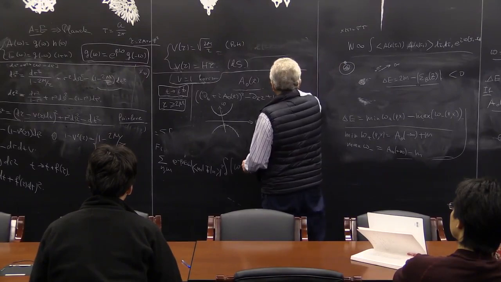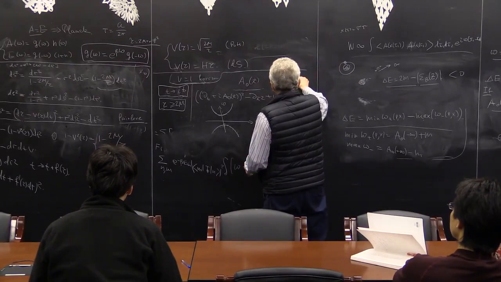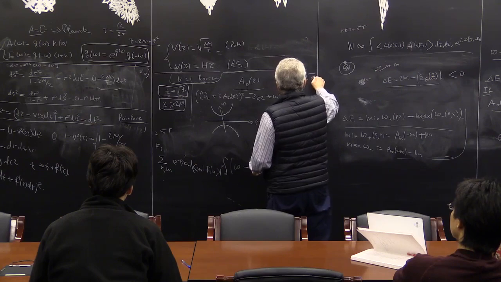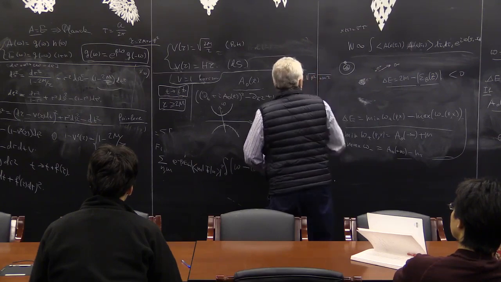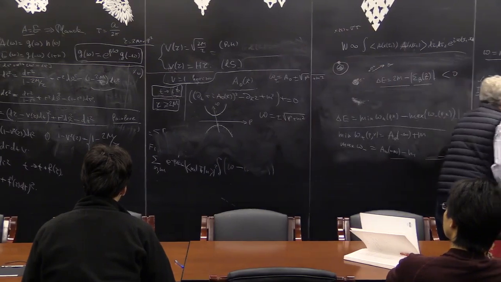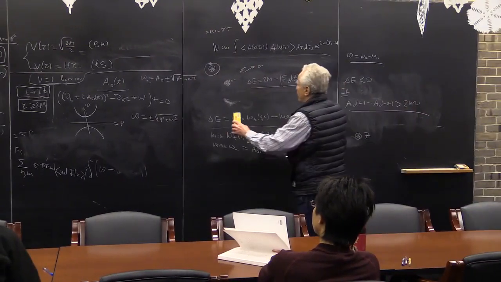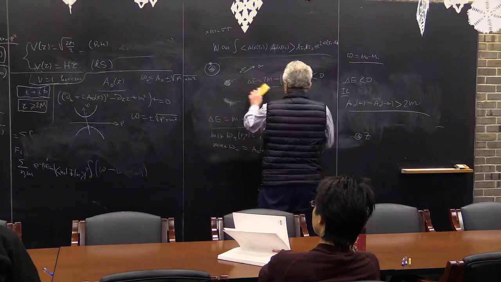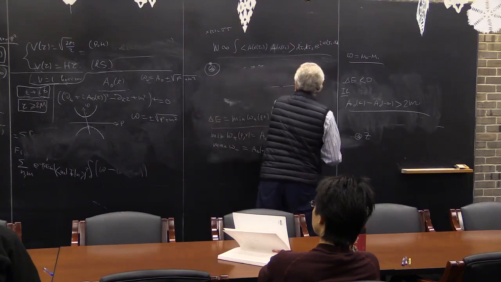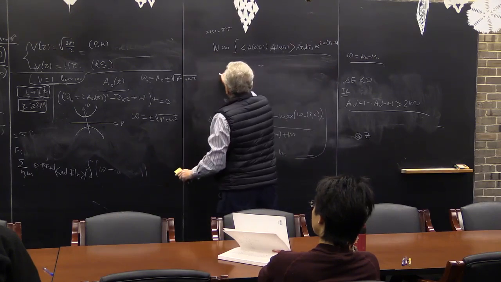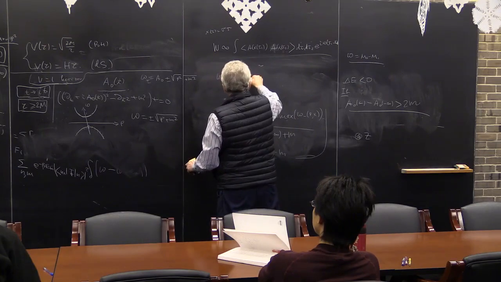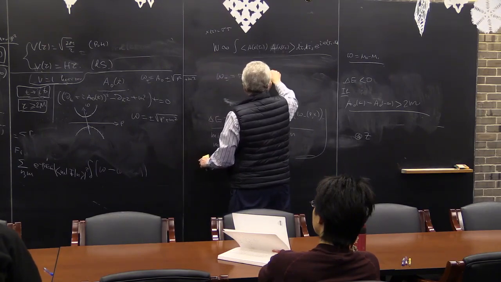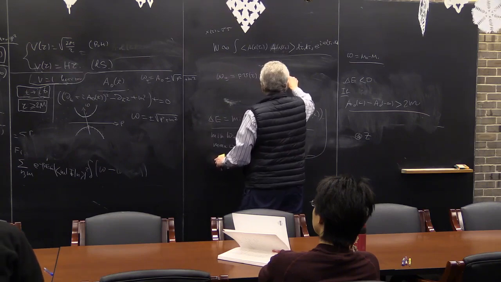So we had omega plus minus A0 minus p square plus m square. In the case of this Painleve metric, this formula remains true, but omega plus minus is p v of r plus or minus square root of p square plus m square.